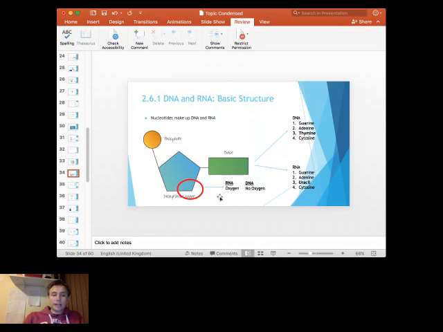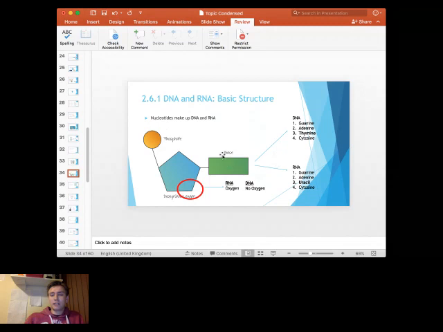Also, in RNA, the pentose sugar has all of the oxygen on it that it would have if it was a normal ribose molecule. Okay, but in DNA, there's an oxygen missing. And that's kind of given away by the name of DNA, because DNA stands for deoxyribonucleic acid. Okay, in an RNA molecule, some call it a nucleoside triphosphate.